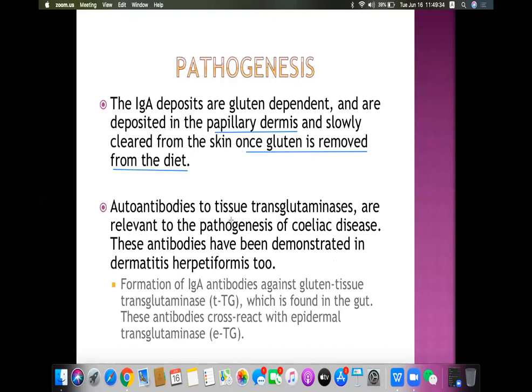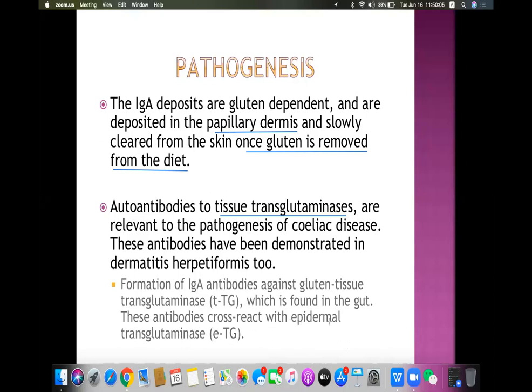Now, these autoantibodies are against tissue transglutaminase. They have got a different name actually. They are also known as anti-endomysial antibody, and in this condition, they are known as epidermal transglutaminase.